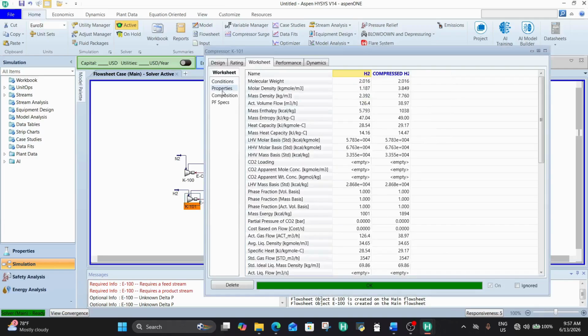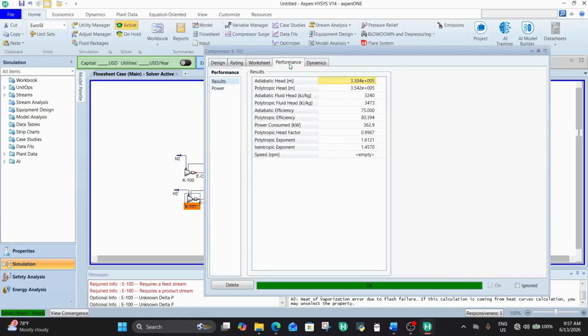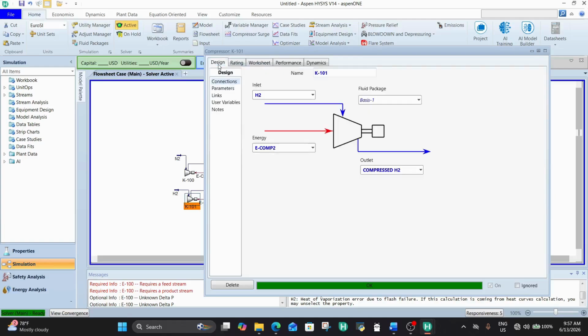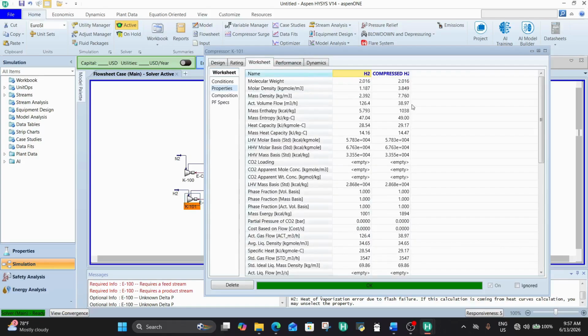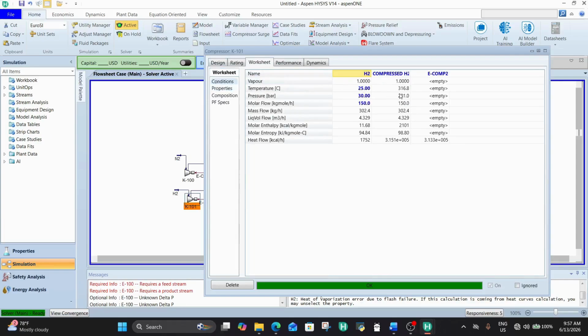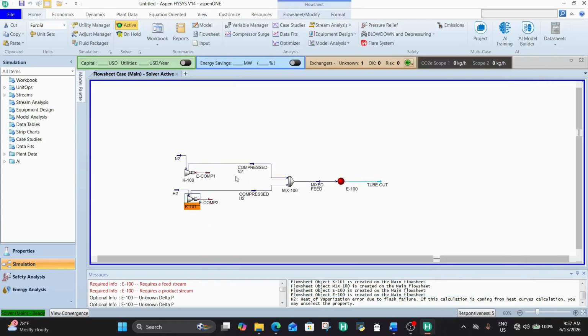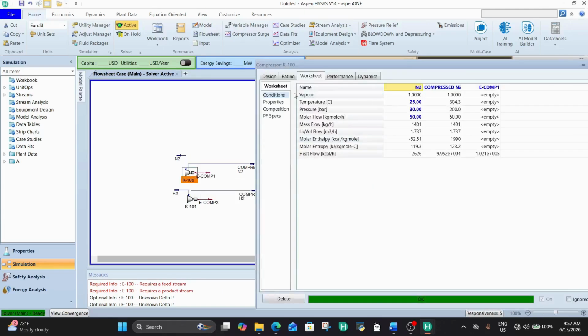So what we're going to do is have our compression outlet pressure be 201 bar. Let's say 171. That puts us at 201 bar. Good. The same thing for our nitrogen.